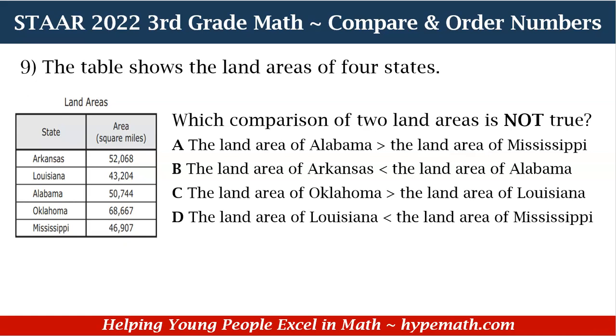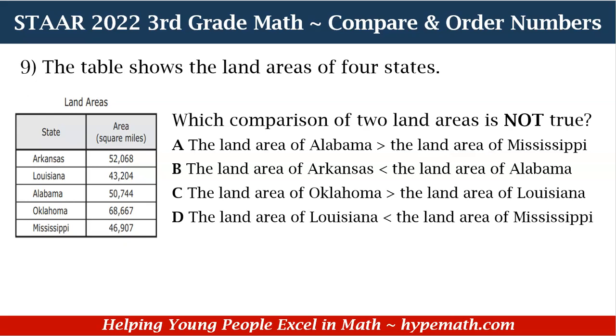For Arkansas, the area is 52,068. Louisiana is 43,204. Alabama is 50,744. Oklahoma is 68,667, and Mississippi is 46,907. So let's look at our answer choices.